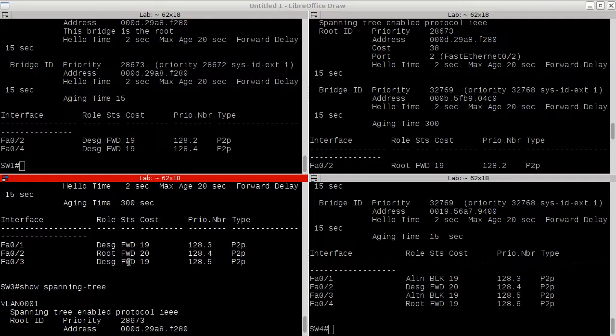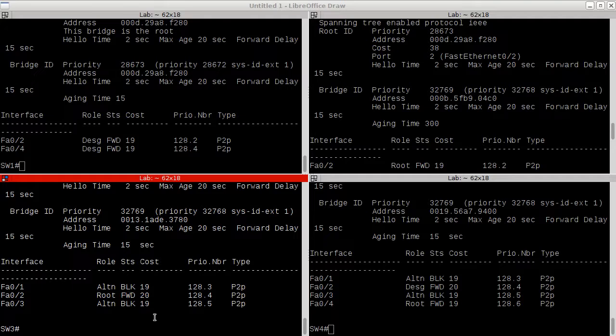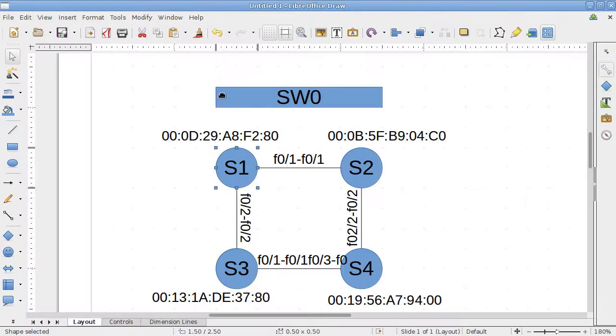And we see it did change here from forwarding on this side to blocking on this side, because for any segment that's here, the cost from here to the root is 20, while the cost from here to the root is 19. So this side's blocking and this side's forwarding.